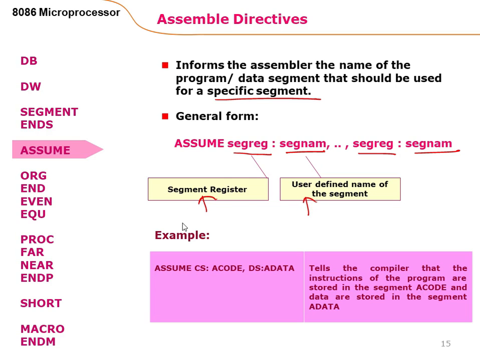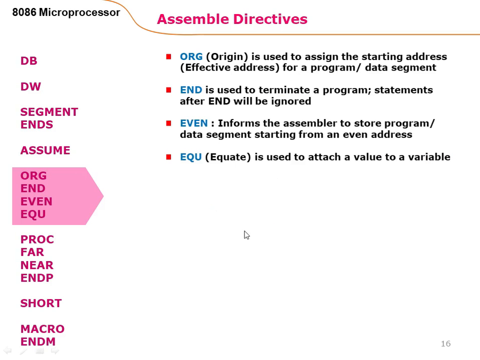Let us take an example. ASSUME CS: code. CS is the segment register. CS, DS, SS and ES can be used here. So the code segment will be assumed as A code, and A data is assumed as the data segment for our operations.